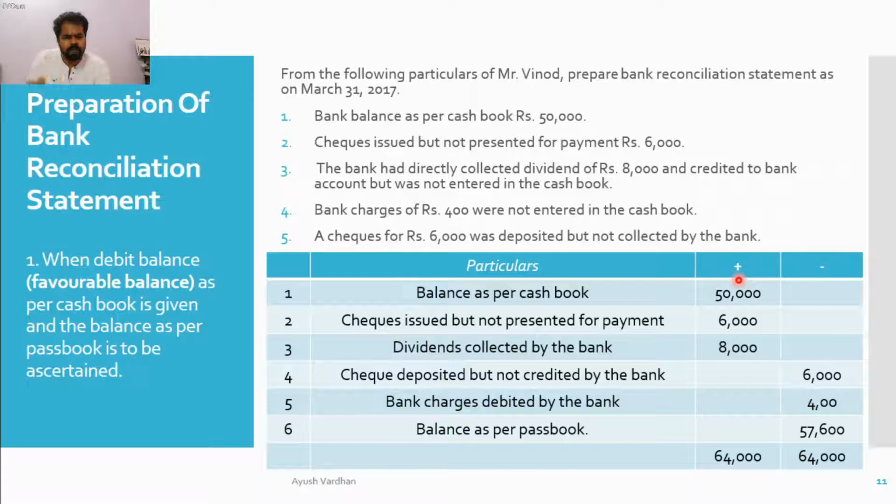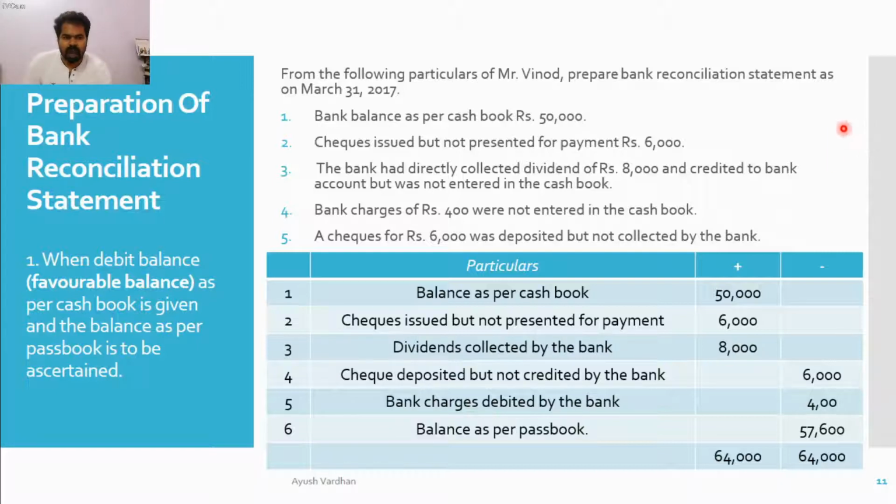So now what you do is you have made a 6,000 payment to Mr. Ram. So in that case, your balance on the cash book side goes negative, but the bank has not gone into negative, just because the bank is yet not knowing the thing. Okay.